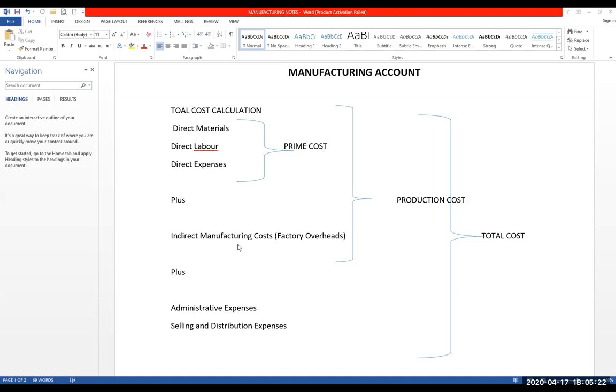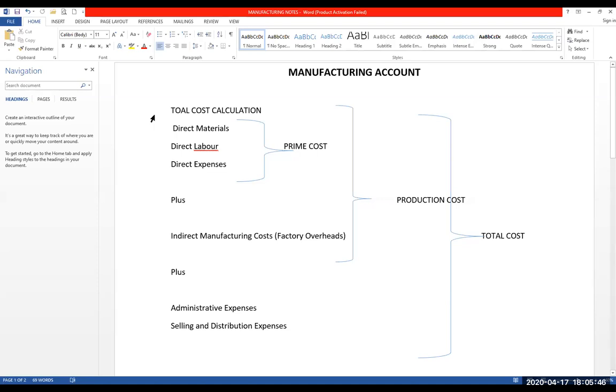All right. The total of your direct costs, which are 3 types of direct costs, which is direct materials, direct labor, direct expenses, it is known as prime costs. So please note that. This screen has it here.